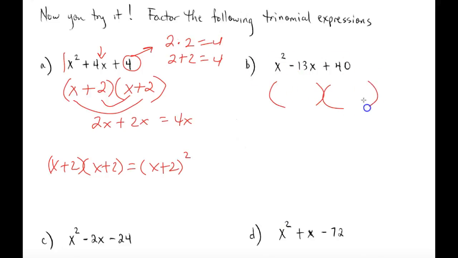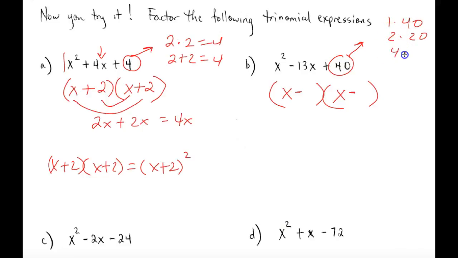we notice here that we have minus plus, so that means we have minus, minus, and of course we have x, x. And so now we ask ourselves, what times what is 40? But when we add it, it's going to be a negative 13, okay? So we know for 40, we have 1 times 40, 2 times 20.